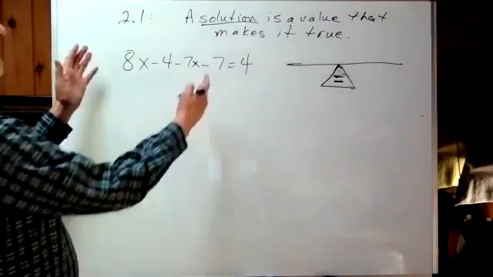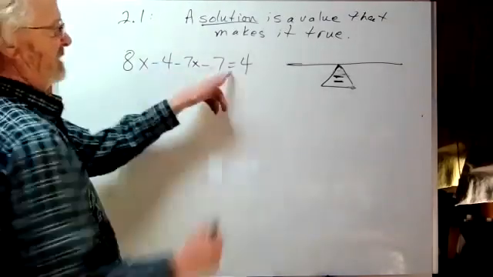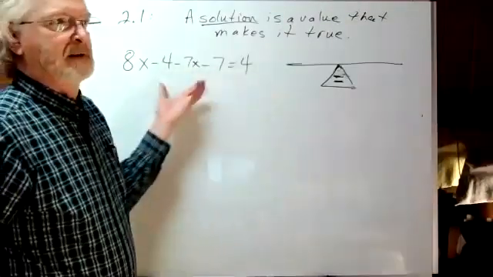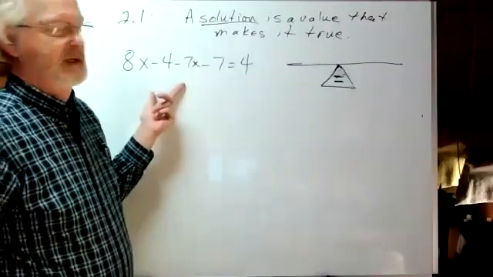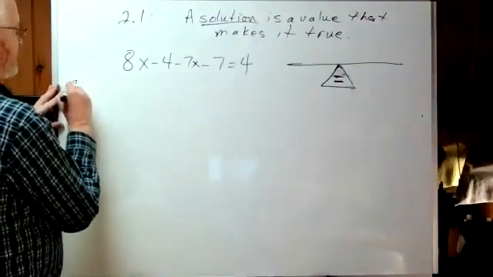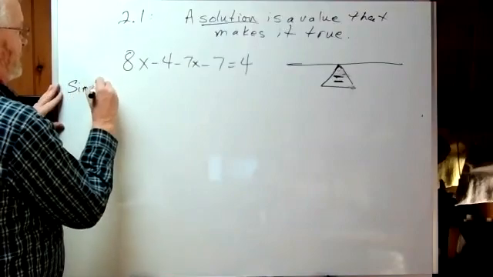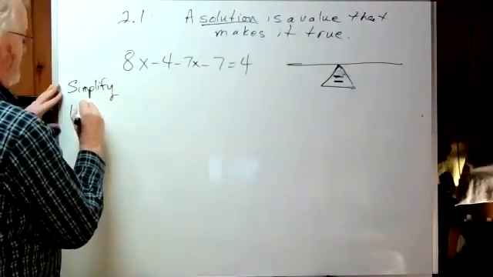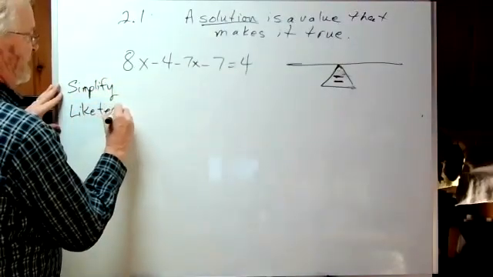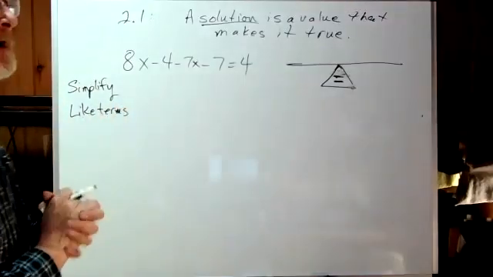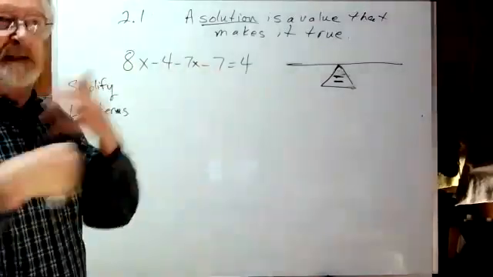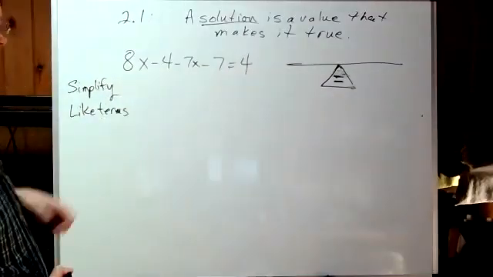So I have a bunch of pieces here that are supposed to equal a 4. Look for like terms. Simplify. All right, simplify the like terms. Put them together if you can. This is where that commutative idea is being applied, right? I've got some x's.